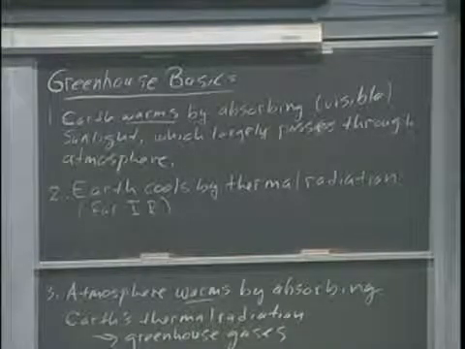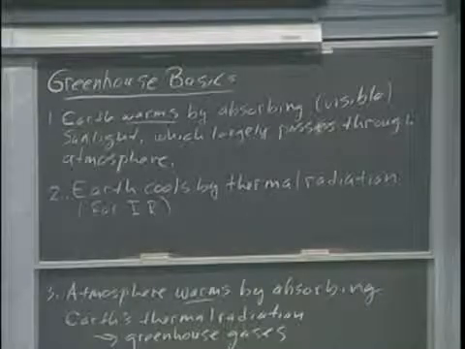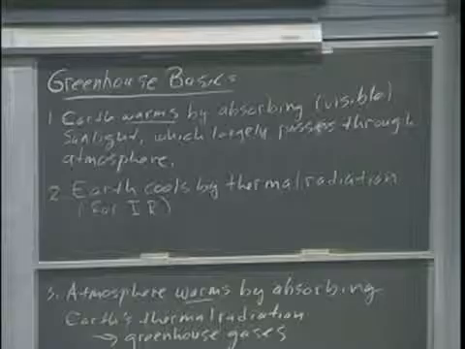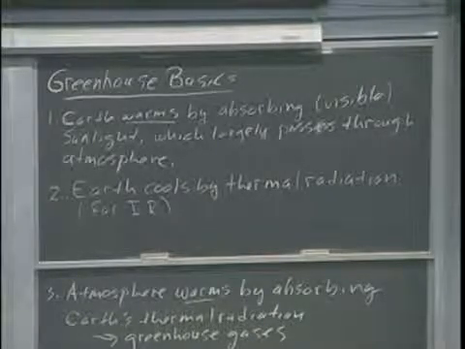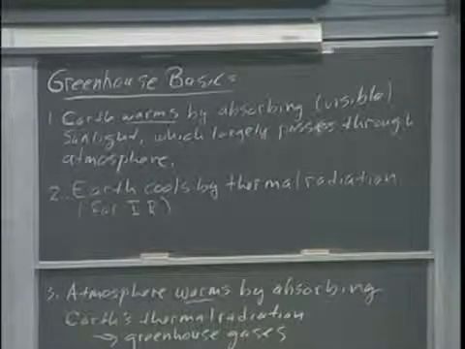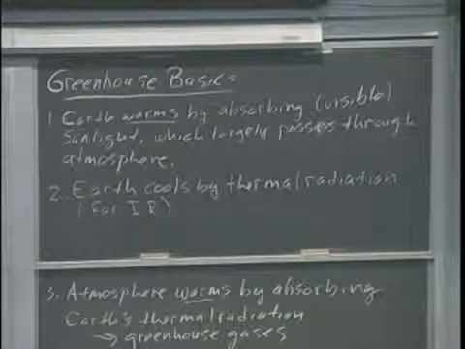Remember last time we were talking about the electromagnetic spectrum, and remember visible is a very small fraction of the overall spectrum. It only goes from 400 nanometers up to 700 nanometers. So there's a huge range that is not visible to the human eye.